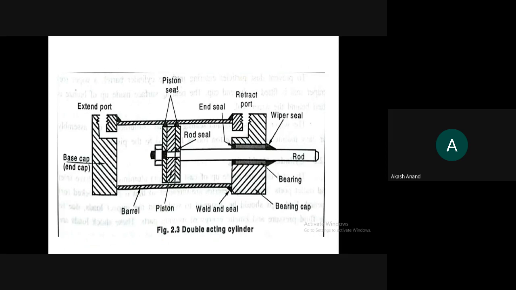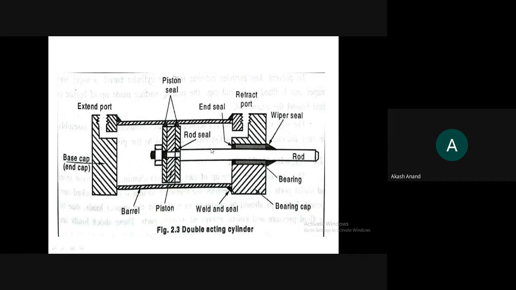Getting into detail, you have to identify these parts. This is also a detailed diagram of a double acting cylinder. I can explain this concept with the upcoming topics; you will not get a clear idea if I discuss it right now.